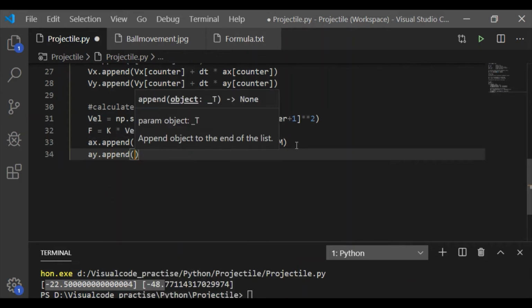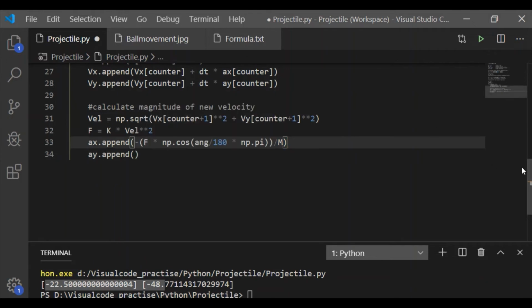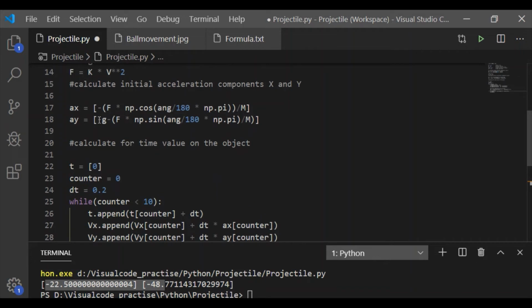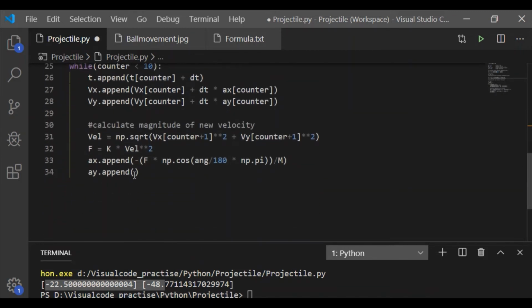Again, the y component, which is also dependent on drag force F, has to be calculated. So we will use the same calculation for Ay and append it to the Ay list using the append method.